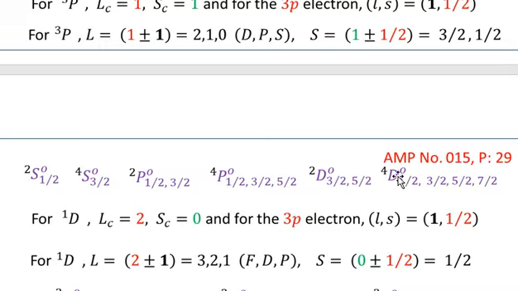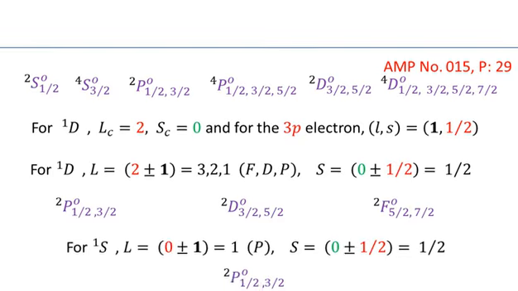So it means that the 4D term will have the lowest energy among all these by applying Hund's rule. Similarly, you can apply Hund's rule to the other terms and distribute them energy wise. And Hund's rule is what I have discussed in one of the previous lectures.